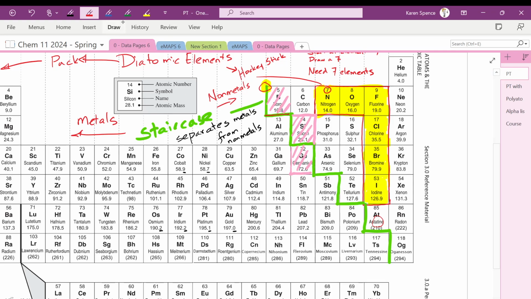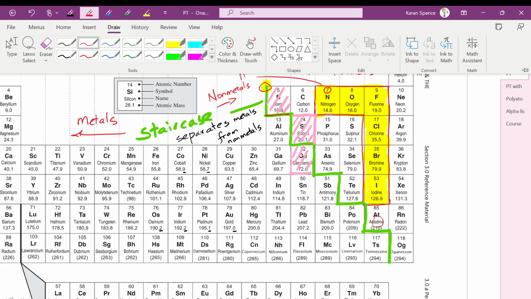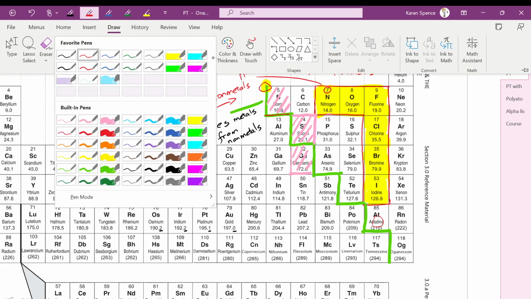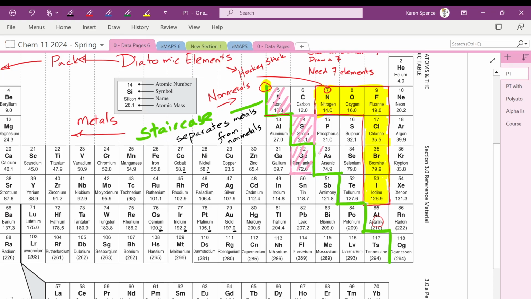But other than that, all the elements beside the staircase: arsenic, antimony, tellurium, polonium, and then we're not actually going to worry about astatine and tennessine because they're too far down and they're radioactive. So are we good with that?